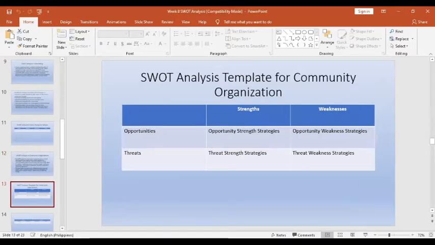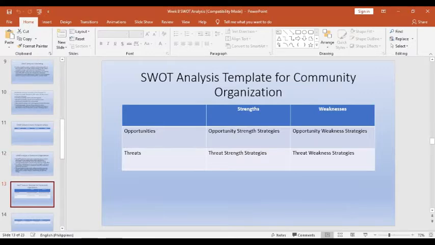So this is the template for the SWOT analysis for community organization, regardless of whether it is profitable or non-profitable. This is a quadrant matrix with the strength, weakness, opportunity, and threat. On quadrant 1, opportunity and strength.